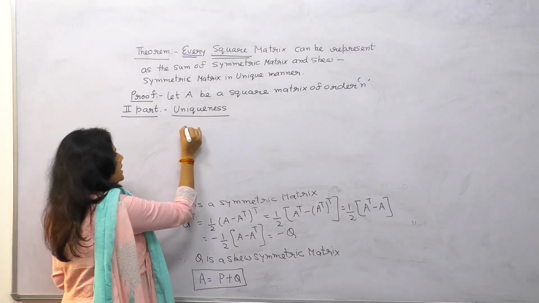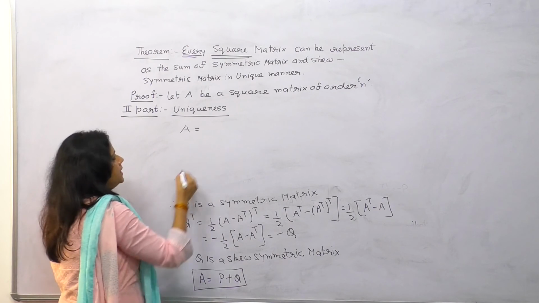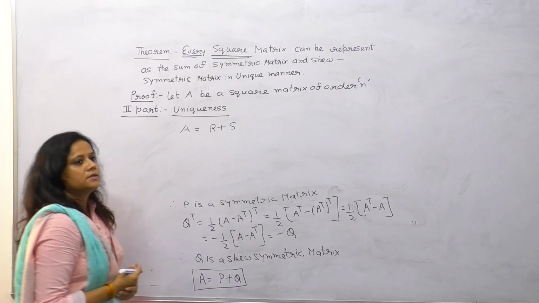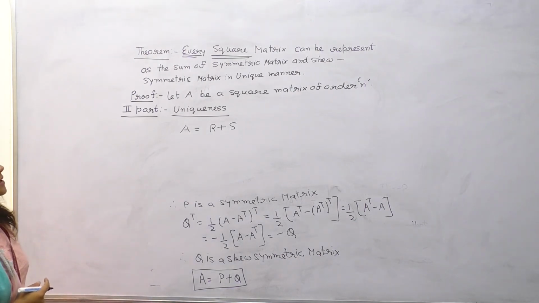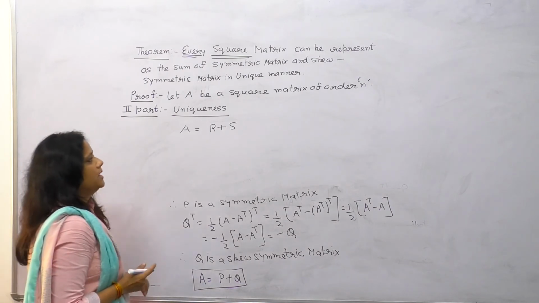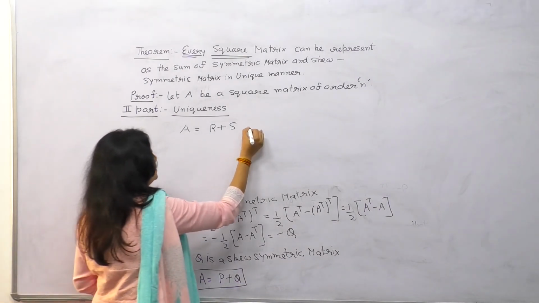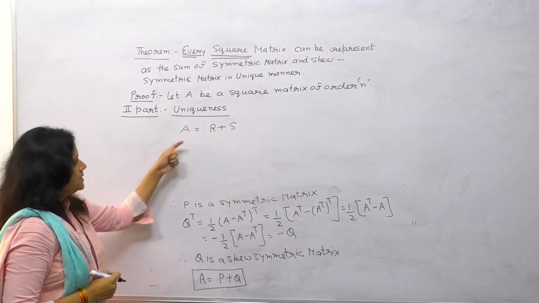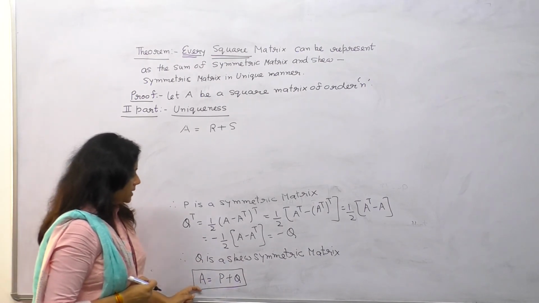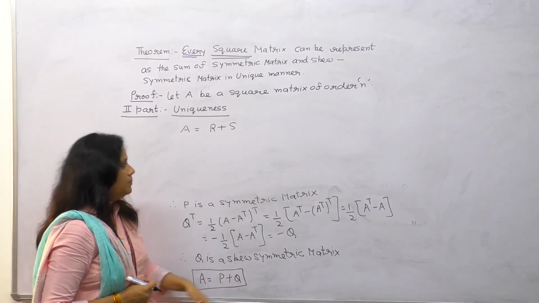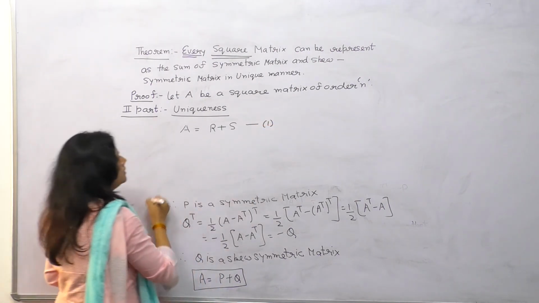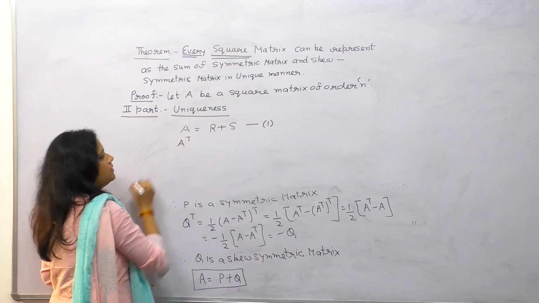Let A be represented as the sum of R plus S, where R is the symmetric matrix and S is the skew symmetric matrix. This is the second representation of the matrix, R plus S. The first representation is A equal to P plus Q. Now we find A transpose.